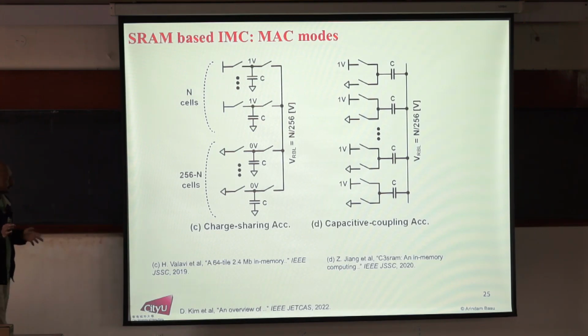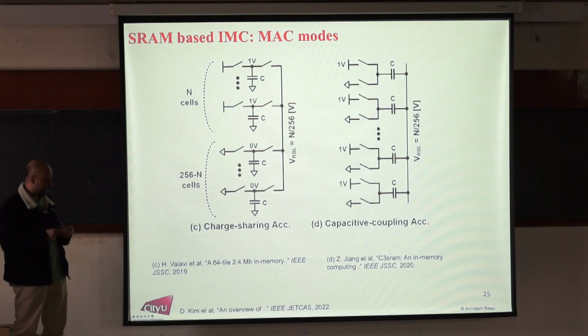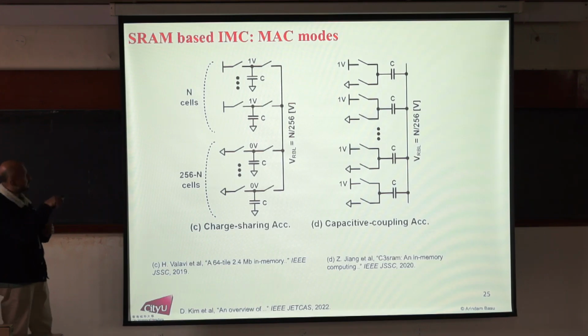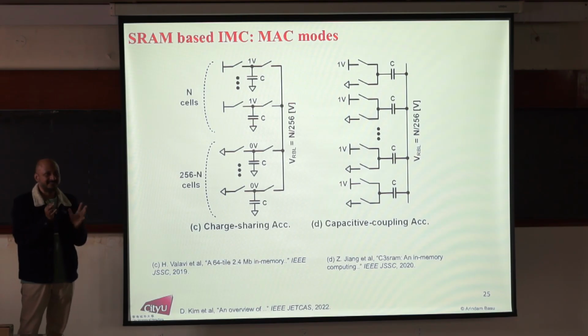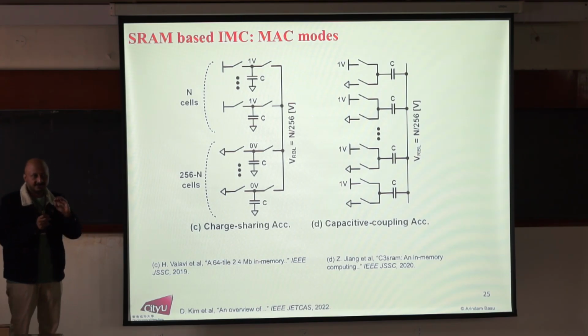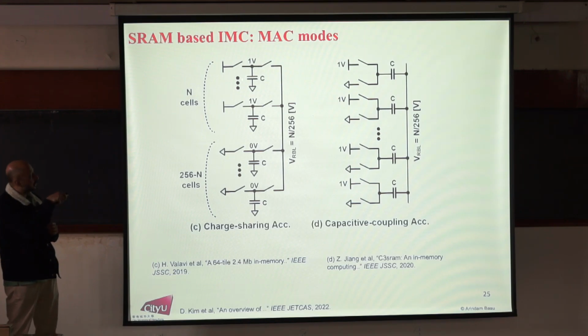And then there's a third type of SRAM cell which actually puts some small capacitors inside the bit cell itself. What happens there is for 1 bit multiplication, you can show this is basically like an XNOR operation. So you essentially use something like an XNOR operation inside the cell, and store the output on a capacitor.